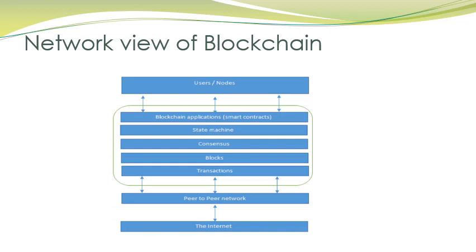All this makes one layer, and this blockchain layer consists of 5 components: transaction, blocks, consensus, state machine, and also blockchain applications. And above this layer the fourth layer is user or nodes.